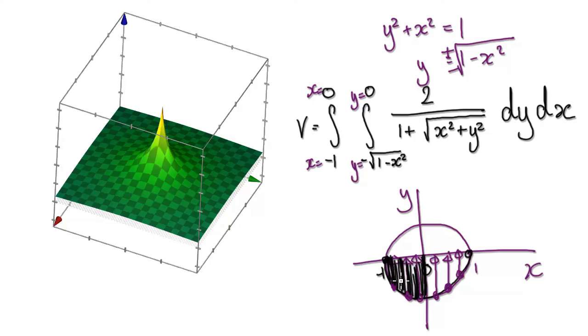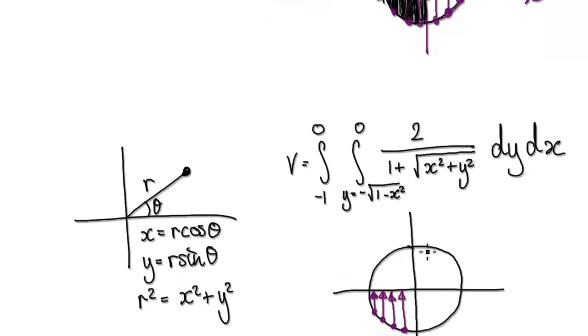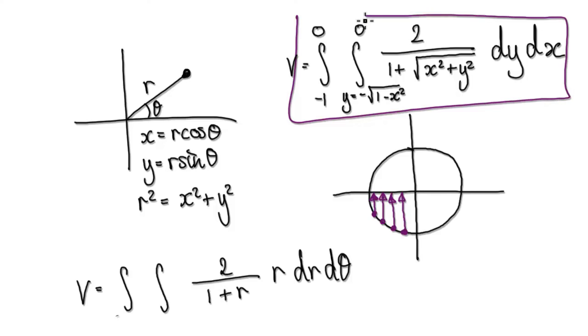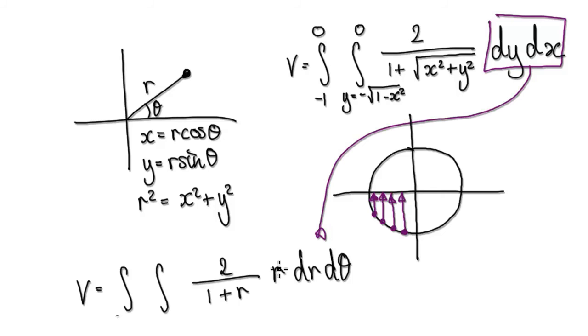So you're scanning like this, you're interested in this region here. So this whole thing here really boils down to us integrating over this region. So to translate it to polar form, we would replace this with this thing here.